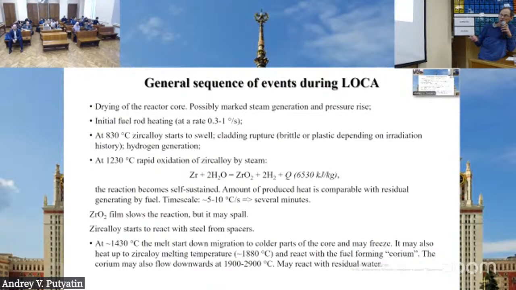But when people say that this reaction is immediate, it's kind of an exaggeration because, for example, the temperature ramp is something like 5 to 10 degrees per second. And so to reach very bad consequences, you still have several hundreds of seconds.